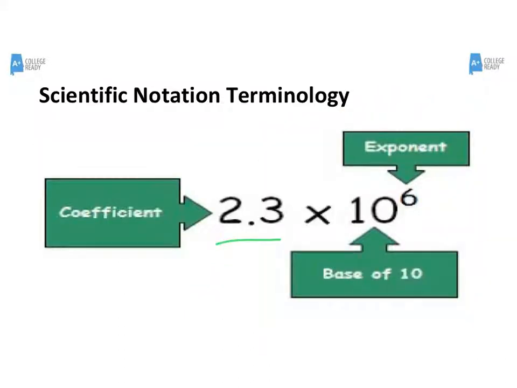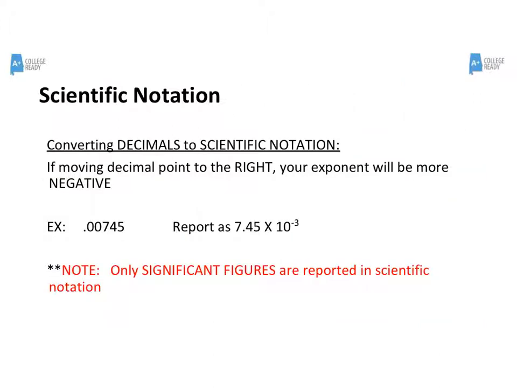The number in front is called the coefficient. This number, raised on that power of 10, is called an exponent. You need to be able to convert decimals to scientific notation, and you need to go from scientific notation to decimals. So let's review the rules.